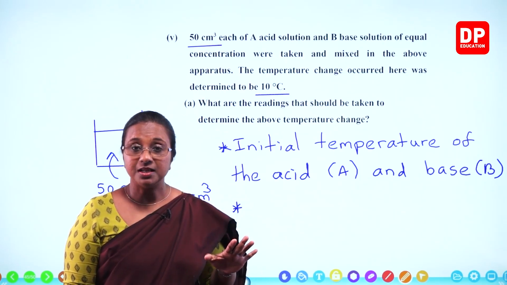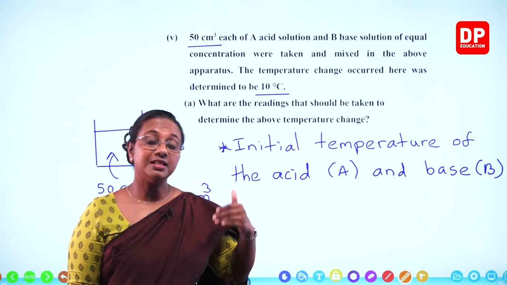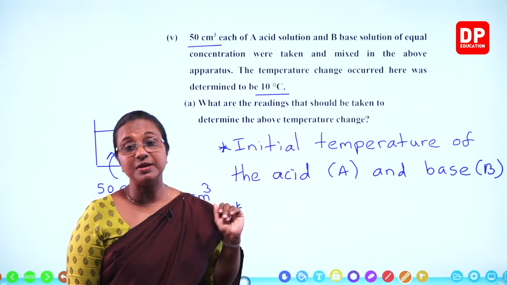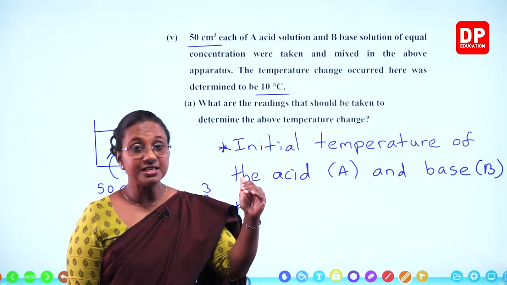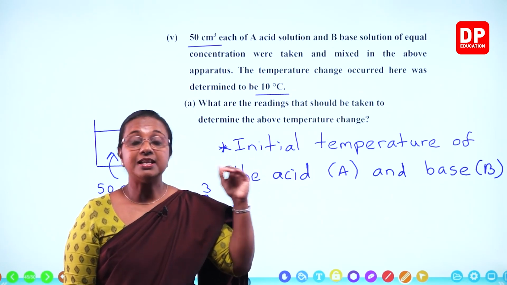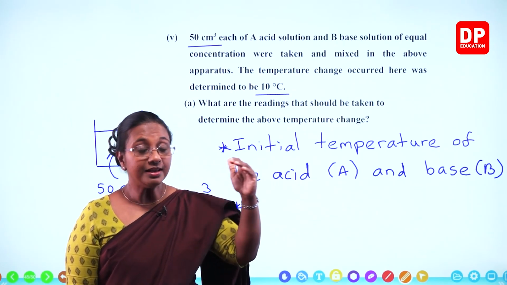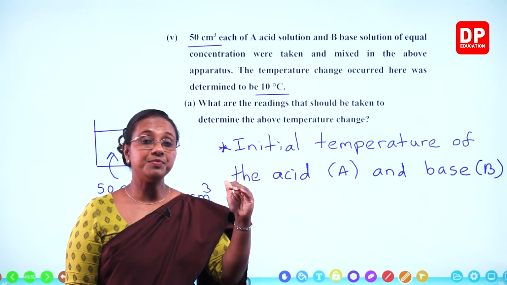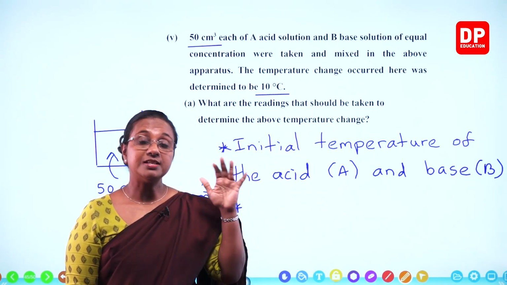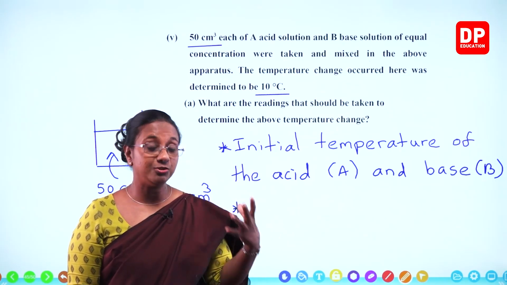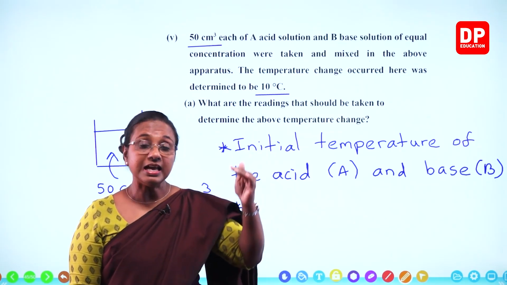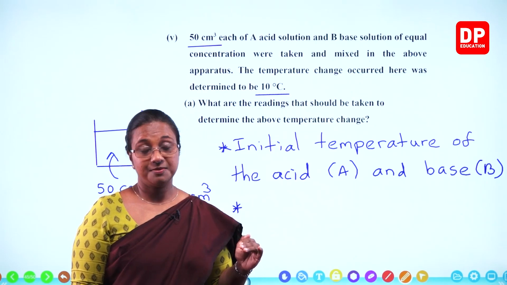So what will happen? When the reaction proceeds, the thermometer reading will increase. It will stay at a maximum value. It will reach a maximum value when the reaction is at its maximum, and thereafter, once the reaction is complete, we need to keep it for some more time. Again, it will start decreasing.